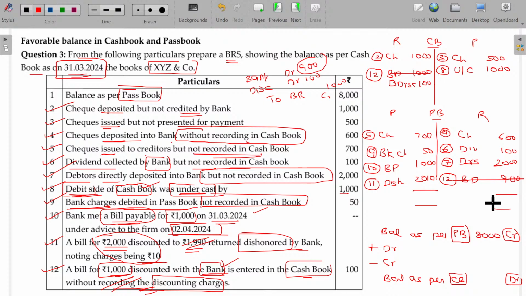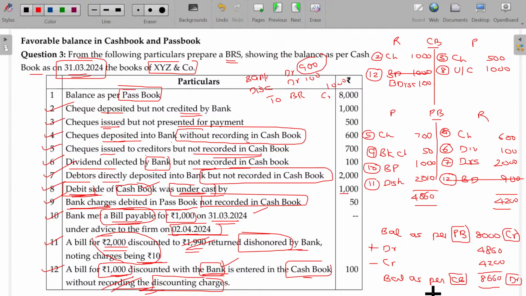What's the total of the debit side? 4,860. Total of the credit side, 4,200. Add the debit value 4,860, subtract the credit value 4,200. Ultimately, you will get the balance as per cash book. How much is that? 8,660.